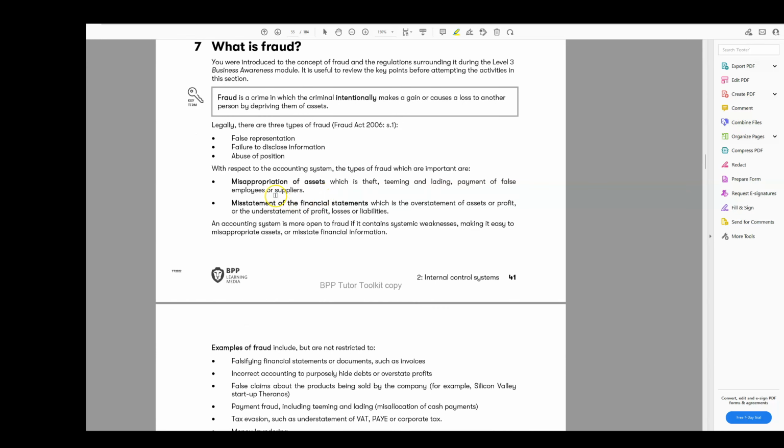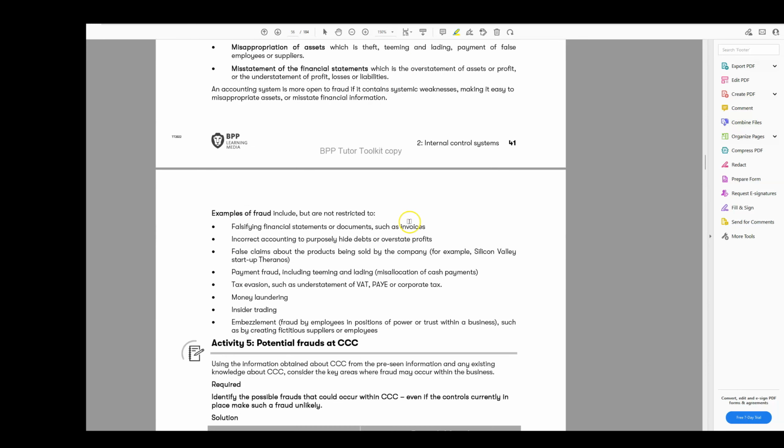With respect to the accounting system, the types of fraud which are important are misappropriation of assets, which is theft, timing and lading, payment of false employee or supplier, and misstatement of the financial statement, which is overstatement of assets, profit, or understatement of profit, losses, or liabilities. So if we try to manipulate our financial statement, this is also fraud.